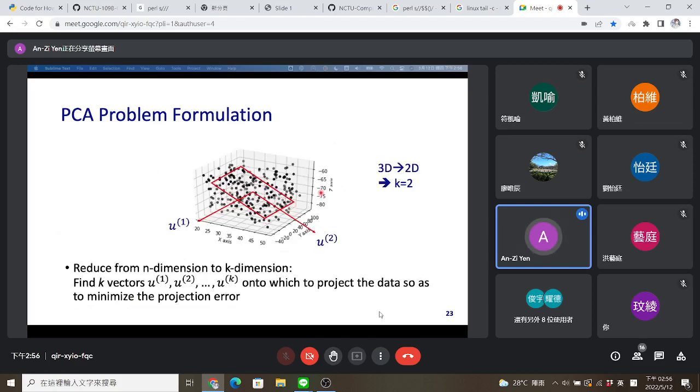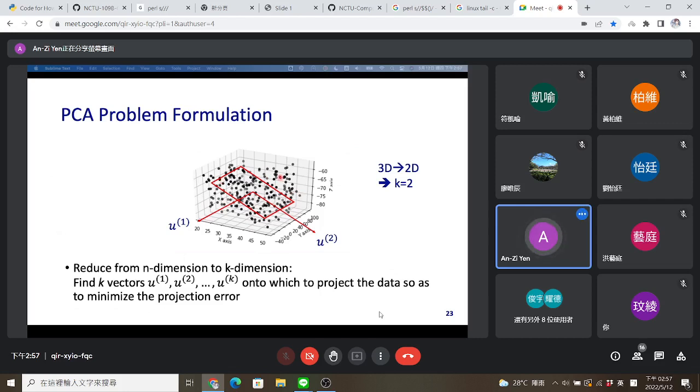For example, if we have 3D data like this, the PCA problem is to find a surface. In this case, we find a 2D surface, and we can project the data onto this surface. This is the 2D surface onto which we are going to project our data.